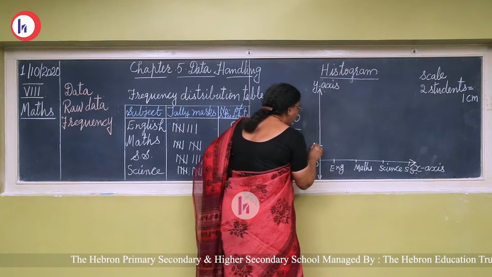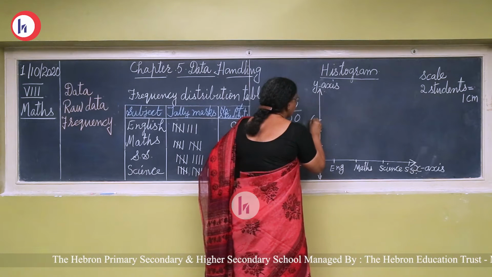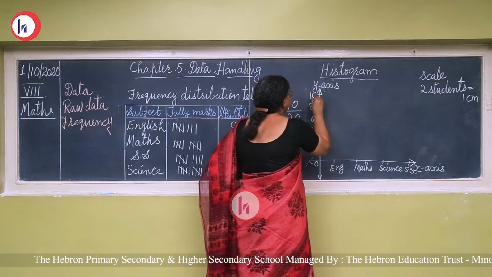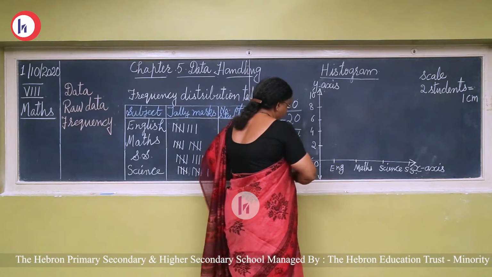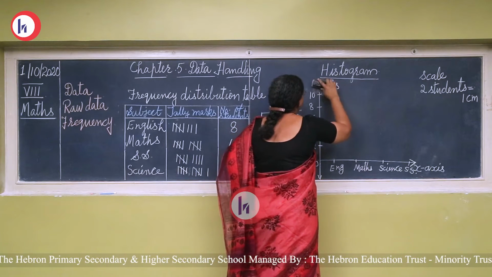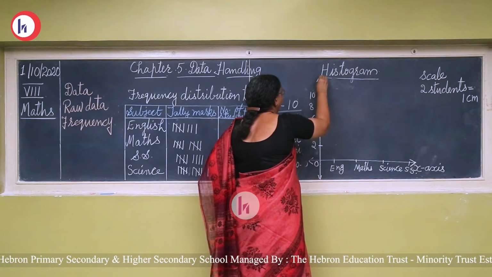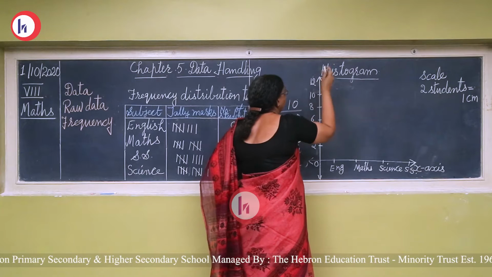So, start with 2, 4, 6, 8, 10. Okay. Now, again we have one more, 11 or 12.